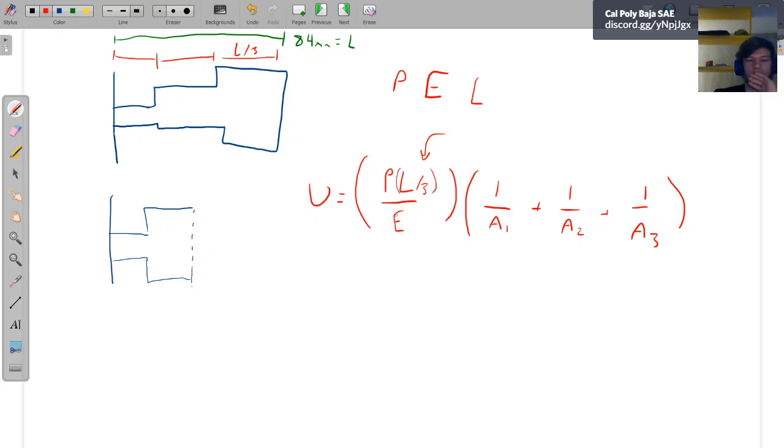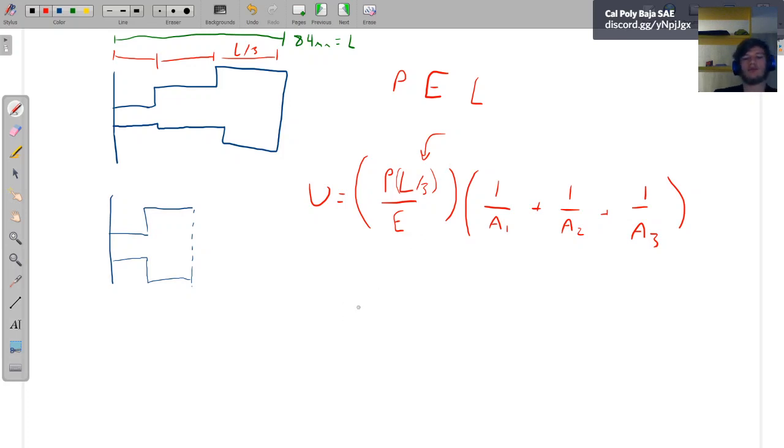And then wouldn't that be L in that part of the equation? Because when you take it into the summation, say each part was L over 3, if you're adding L over 3 plus L over 3 plus L over 3, isn't that the same thing as 3 times L over 3? Maybe.